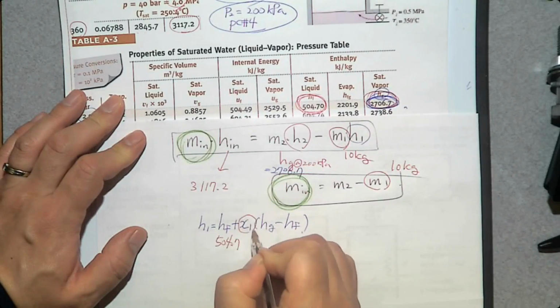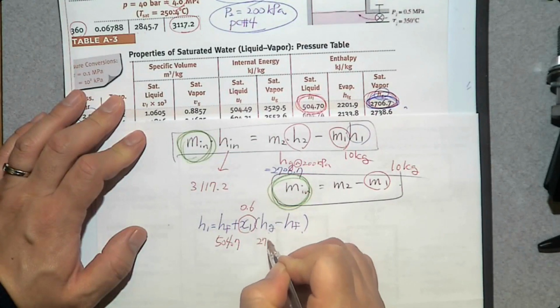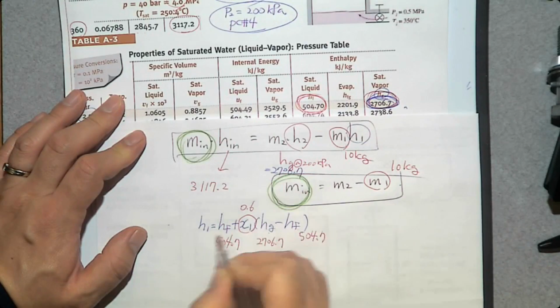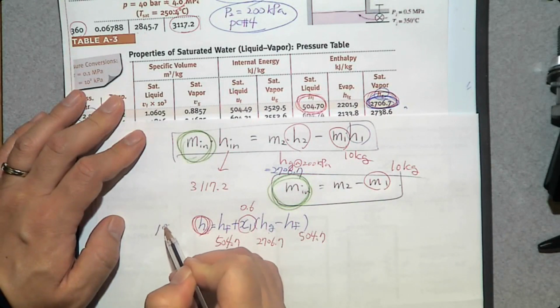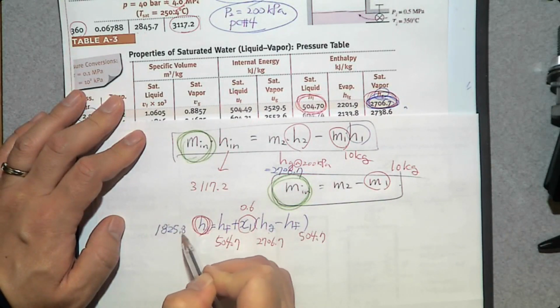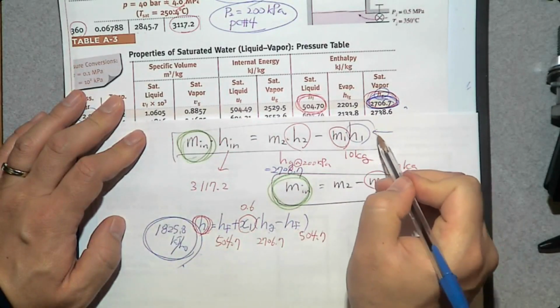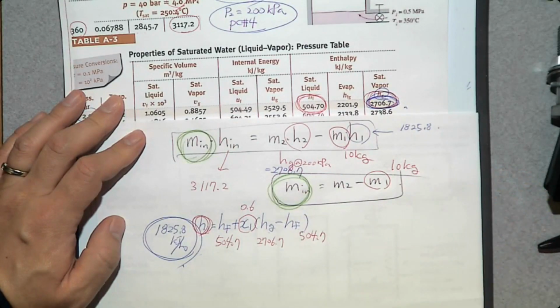Hf is 504.7. What is the quality X? 0.6. Hg is 2706.7, Hf 504.7. What is H1? 1825.8 kilojoules per kilogram. So we have everything.